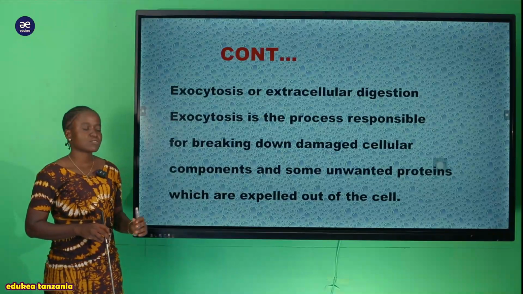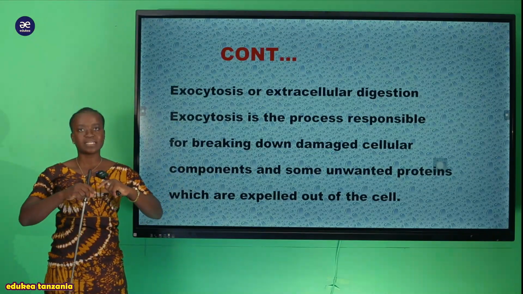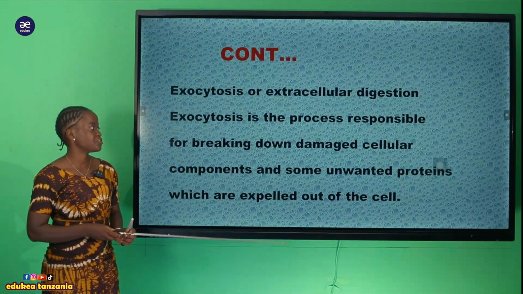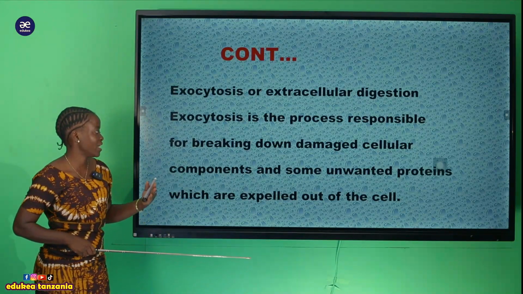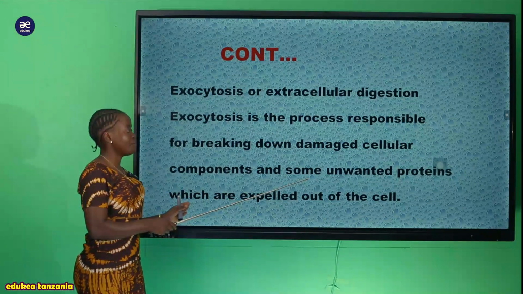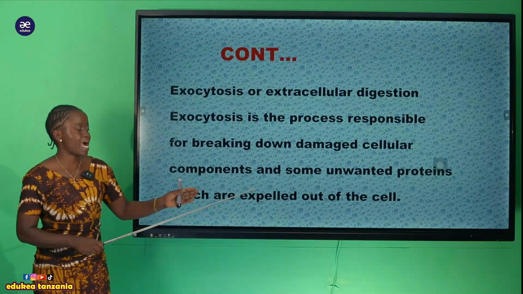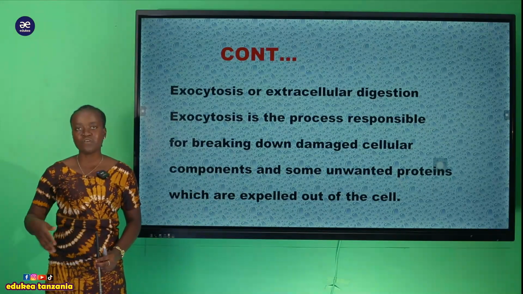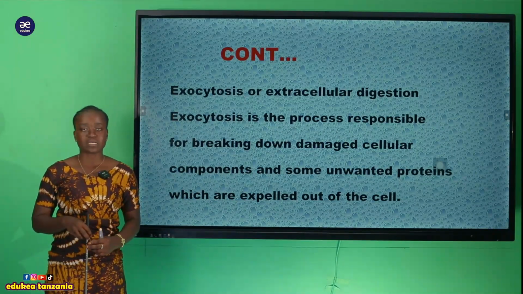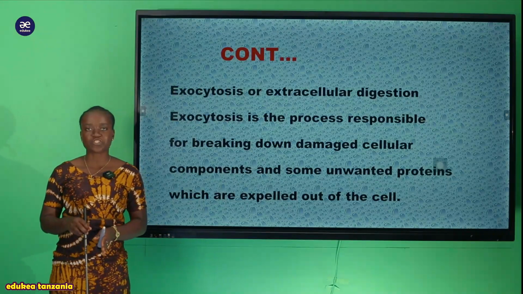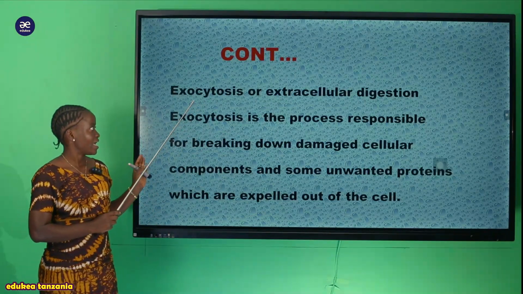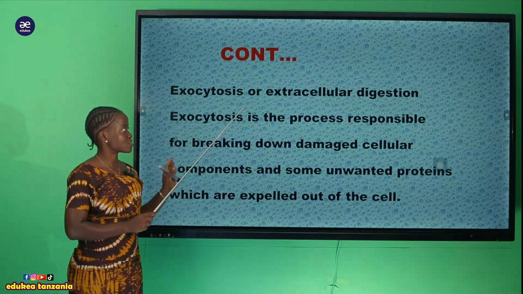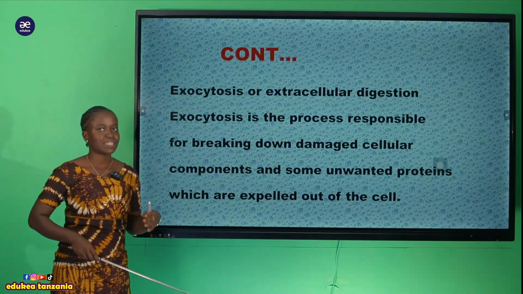So this exocytosis process will tend to break down all of the damaged cellular components, and thereby after damage you can see some unwanted protein which are expelled out of the cell. They are removed out of the cell because they no longer have any function inside the cell. So that big work is done by exocytosis, or we can say extracellular digestion.